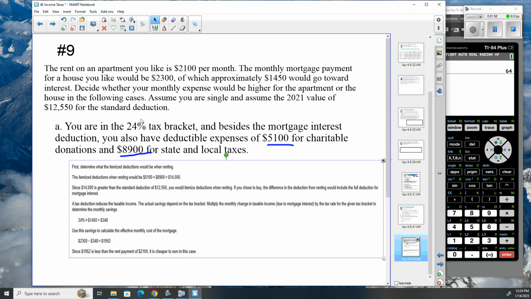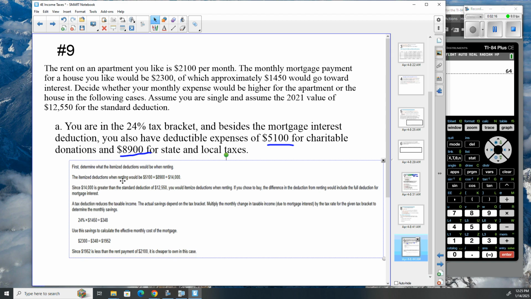Now that you know you're going to itemize, we need to take into account that when you itemize, if you bought, the money that goes towards your interest will also be allowed to be itemized.